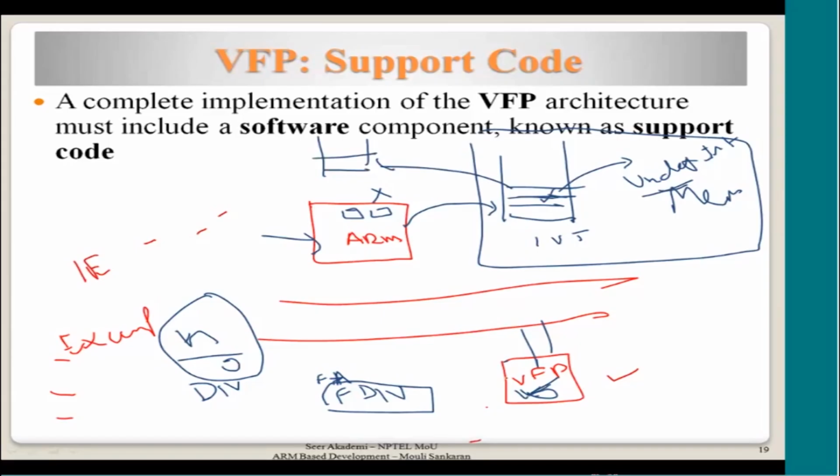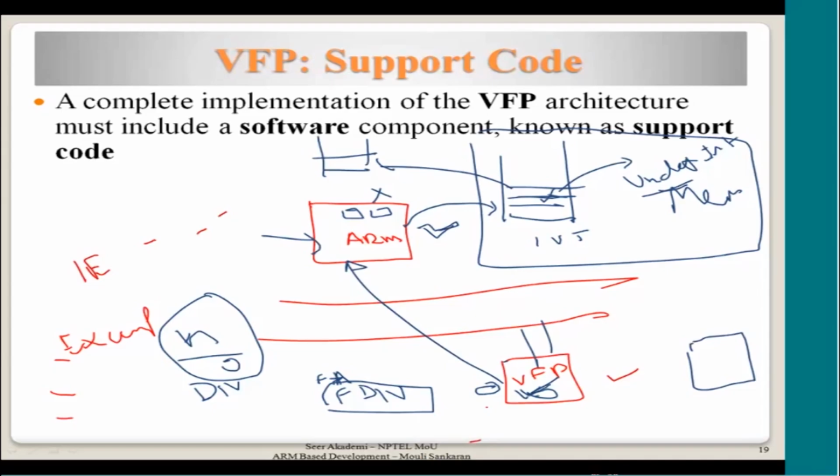So something happening here needs to generate an exception, and that needs to be processed by the ARM processor. Please remember, VFP or any other coprocessor in the system does not have its own exception handling capability.